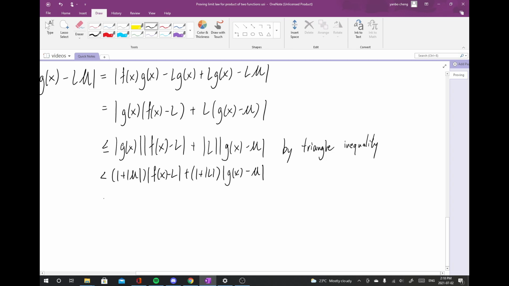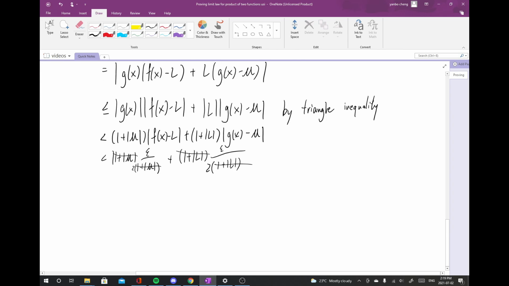Okay, and now if we were to sub back in epsilon, this is smaller than 1 plus absolute value of m times epsilon over 2 times 1 plus absolute value of m, plus 1 plus absolute value of L times epsilon over 2 times 1 plus absolute value of L. Now if we cross this out, cross that out, cross that out, cross that out, we get epsilon over 2 plus epsilon over 2. And that concludes the proof.